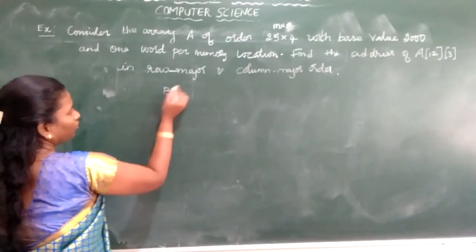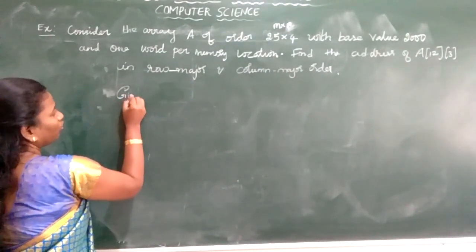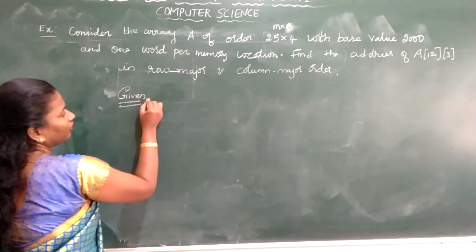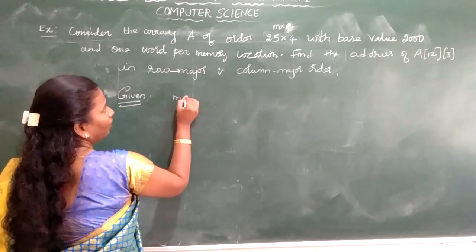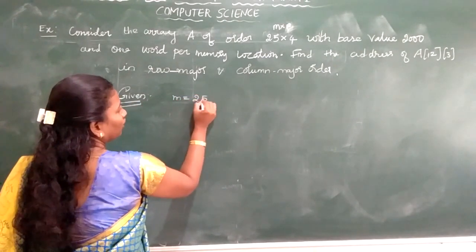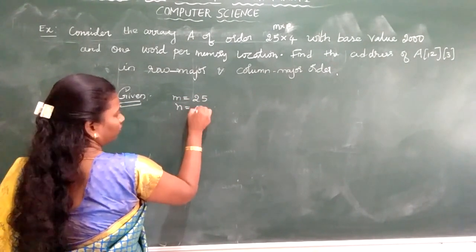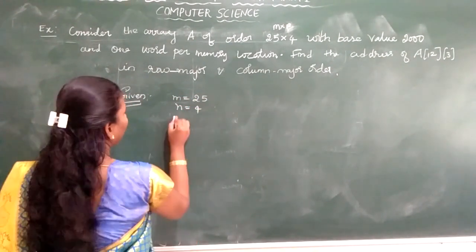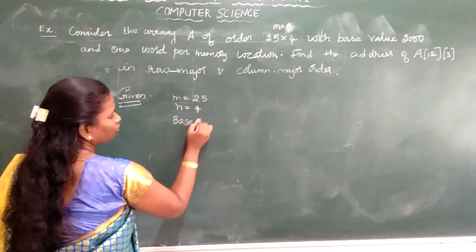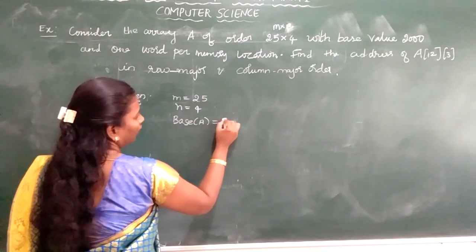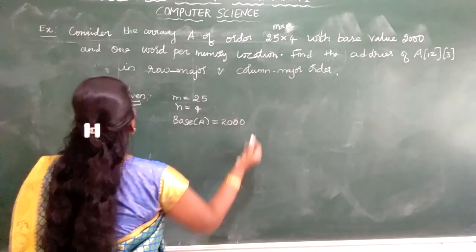What is here? So we'll write the given data. So we'll extract the given data. What is given? Your m is 25. Your n is 4. With the base value, that is your base of A. What is your base of A? You have 2000.